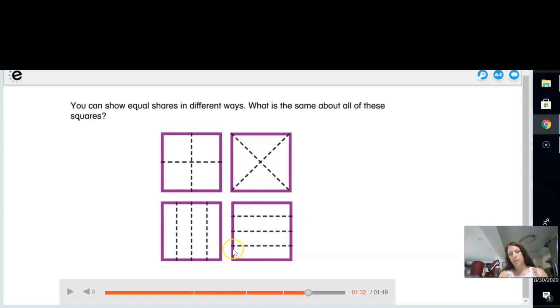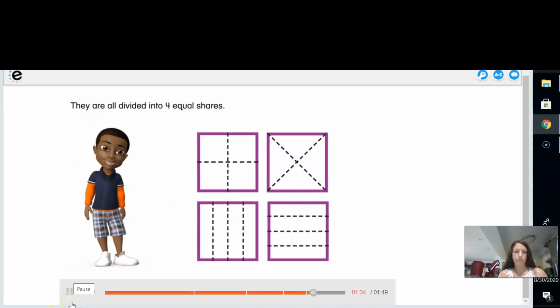And this way, they drew the three lines across and divided it into long rectangles going the other way. But they're all equal shares and they all show fourths. They are all divided into four equal shares. Each share is a fourth of the square.